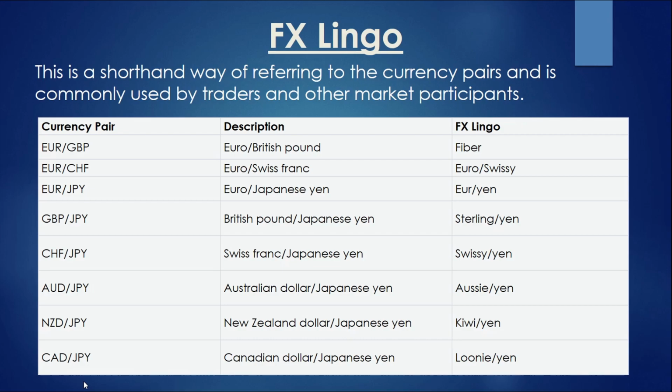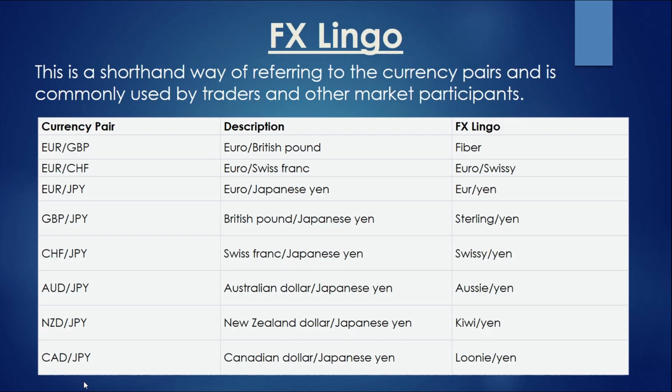Now, in this case, the currency pair Euro GBP is called the fiber, right? So if you have a pair that has Euro and GBP, you'll find that sometimes it is referred to as fiber. And Euro Swiss franc will be Euro Swissy. So Swiss franc will be Swissy, right?